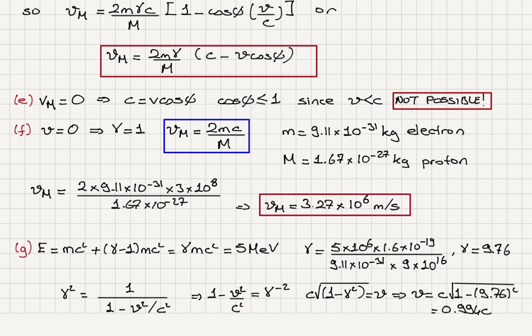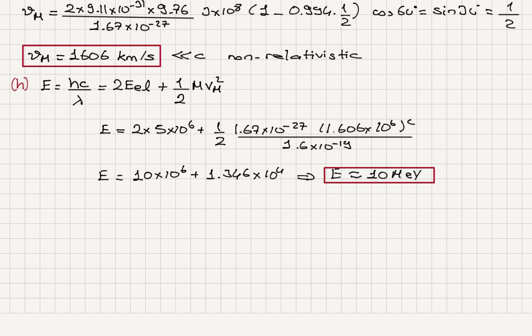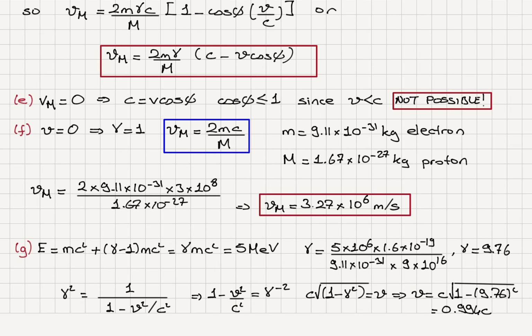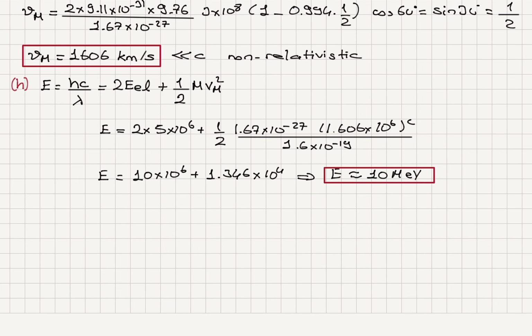And we've obtained 0.994 c. And we have substituted gamma and v over c into this expression, and solved for v capital M, 1606 kilometers per second. We calculated its corresponding kinetic energy, found that it's much less than the electron and positron energies, therefore it's negligible. So roughly the incident photon has an energy of 10 mega electron volts.